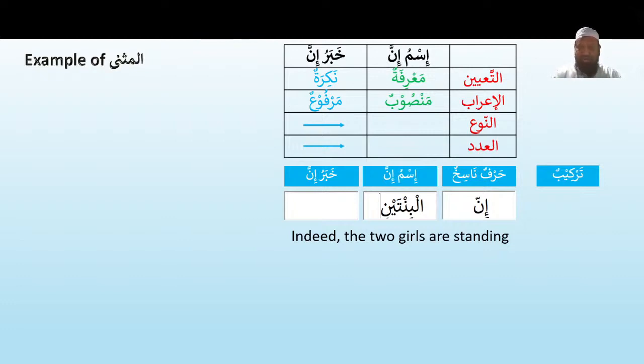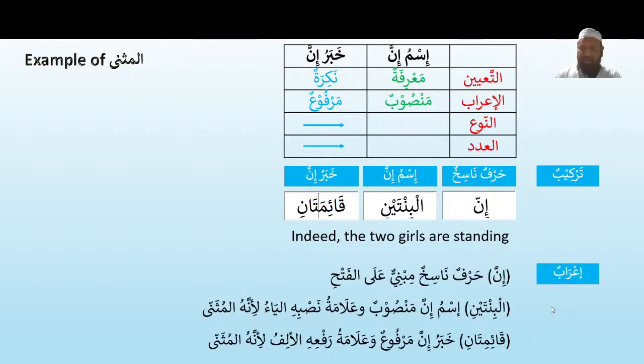This إن is معرفة and منصوب, and خبر إن will be نكرة مرفوع. Standing: قائمتان. إن البنتين قائمتان. Indeed, the two girls are standing.